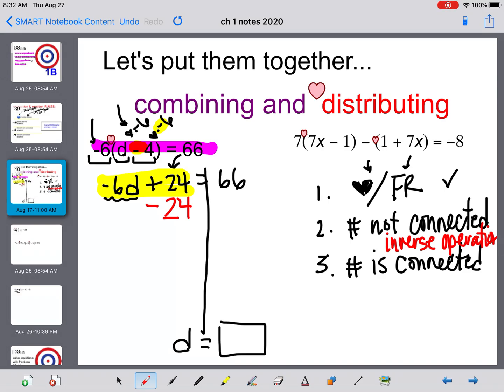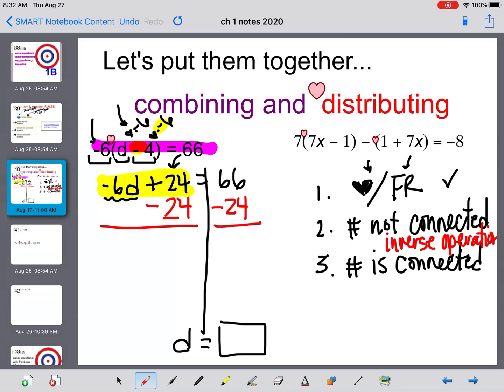In order to remove that from my equation on this side, my expression on this side. But remember, I always have to keep this equation equal. And so if I take 24 off of this left-hand side, I also have to take 24 off of the right-hand side because that rebalances the scale. That keeps my equation equal to each other.